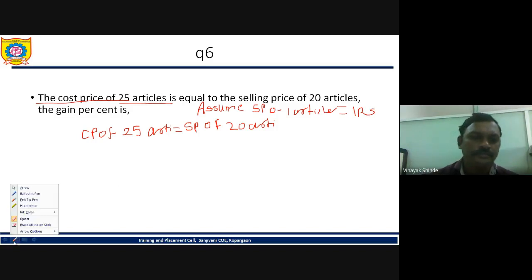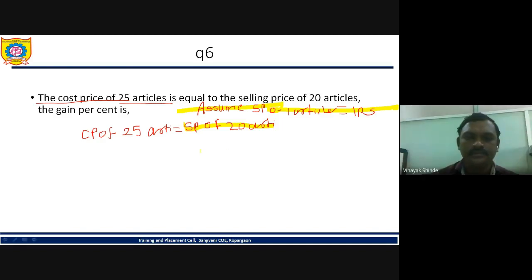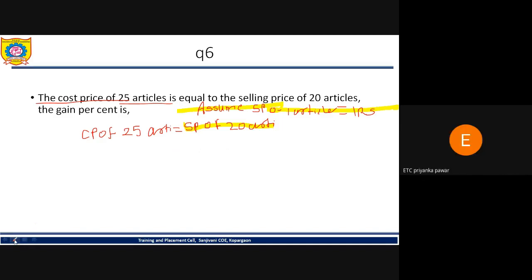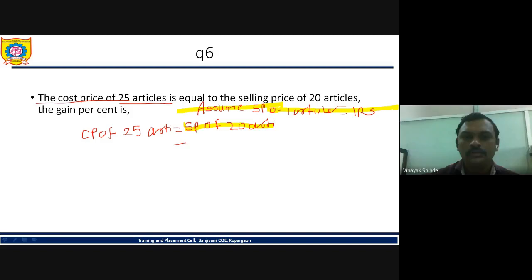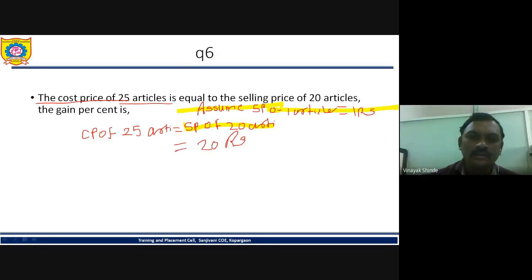Now you tell me, if we are selling one article for 1 rupee, then how much is the selling price of 20 articles? 20 rupees.